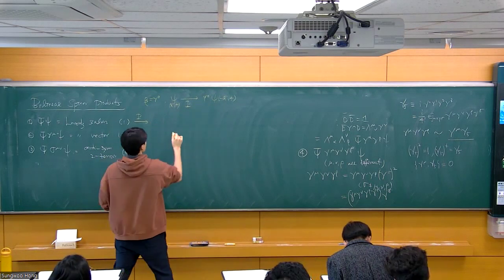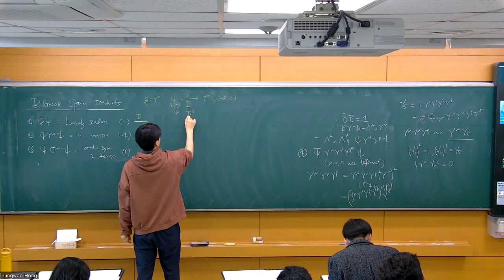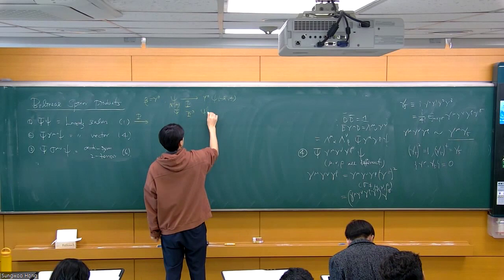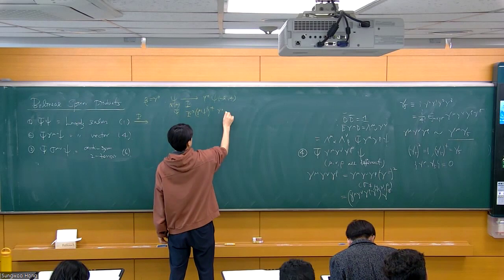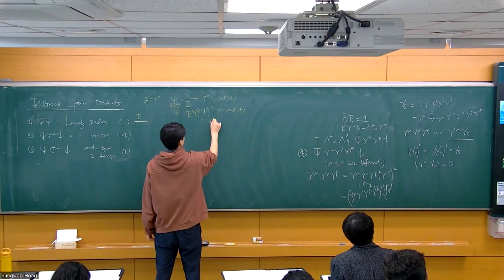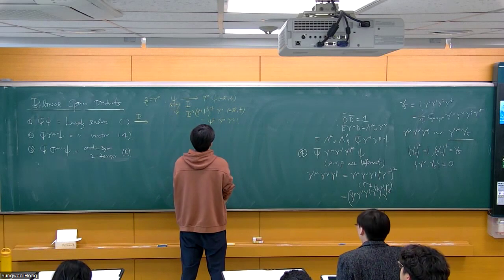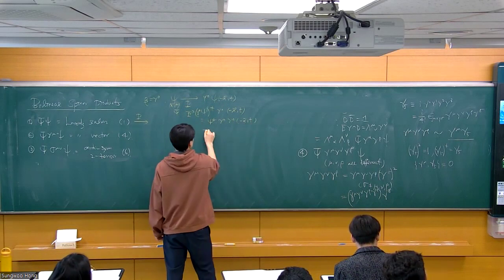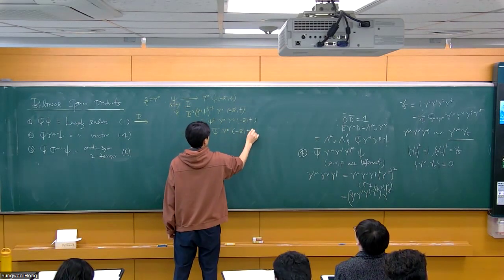Very quickly, let's also check how psi bar transforms. Psi bar under the parity transforms as psi dagger gamma 0, then bar, gamma 0, at minus x, t, and that is equal to psi dagger gamma 0 at minus x, t, which is psi bar gamma 0 at minus x, t.